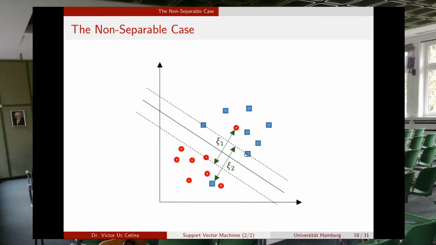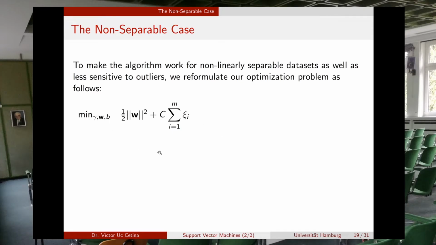So what we are going to do is to consider these distances, and we are going to add more terms to our optimization problem. If you remember, in the linearly separable case, our objective function was only this part here, 1/2 of the square of the norm of our parameter vector w. Now we are going to consider also the sum of all the distances of the outliers, this ξi, with i going from 1 to m.